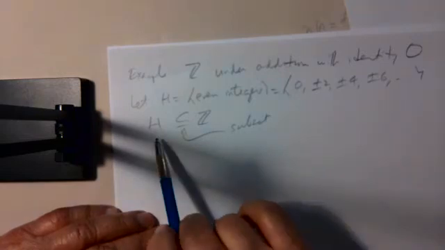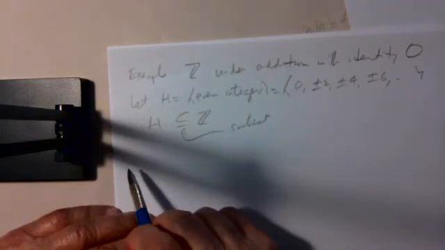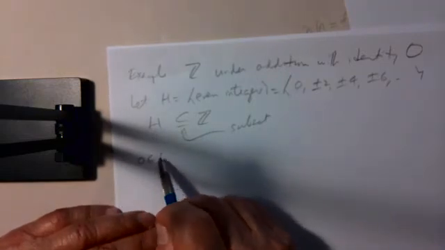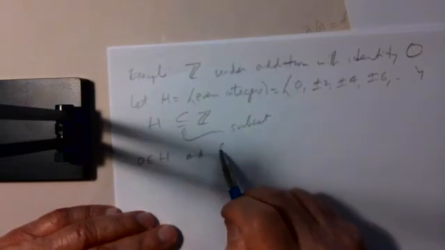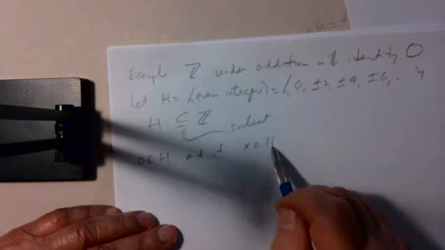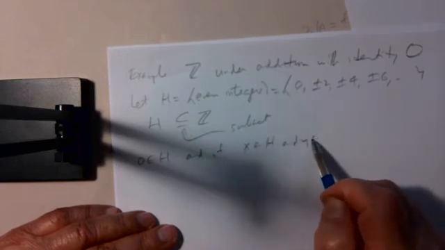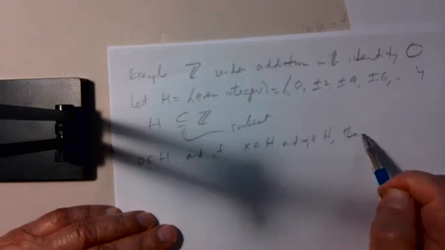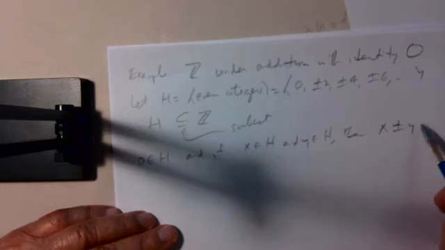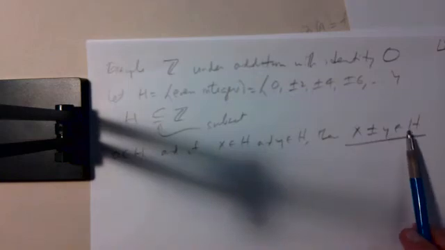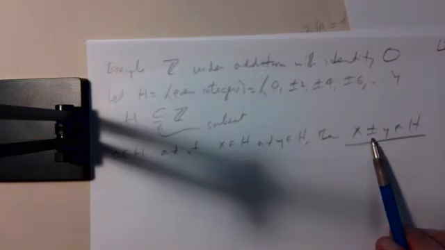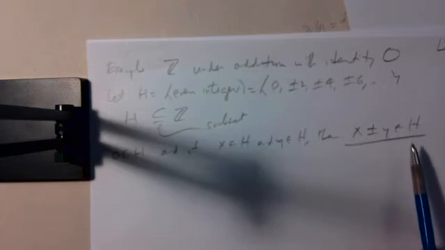And the set H has the following properties. First of all, 0 is in H. And if x is in H and y is in H, then x plus or minus y is in H. All this says is that the sum of two even numbers is even and the difference of two even numbers is even.